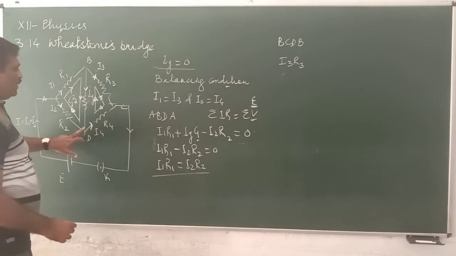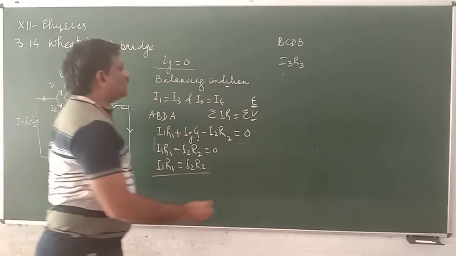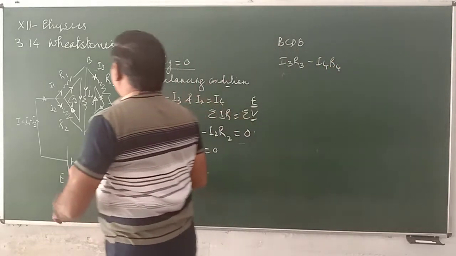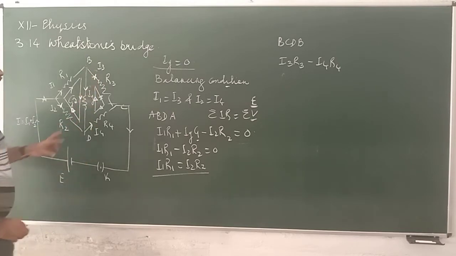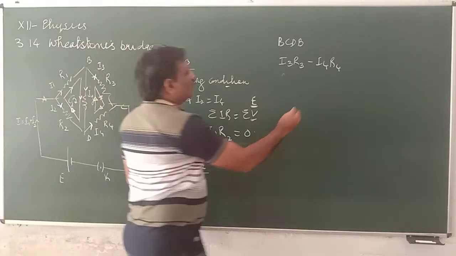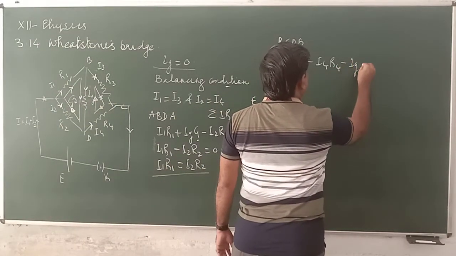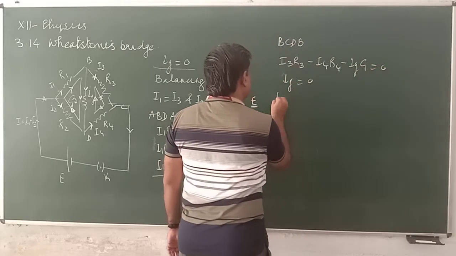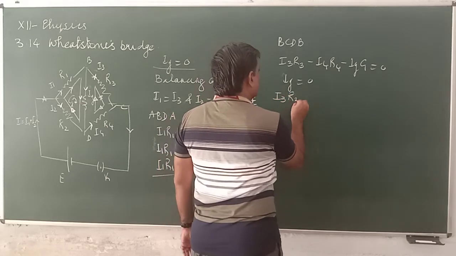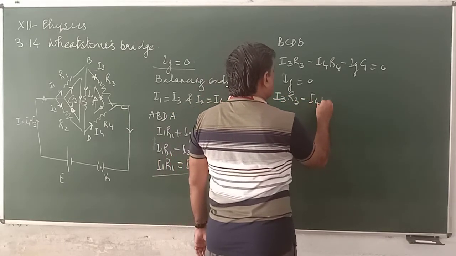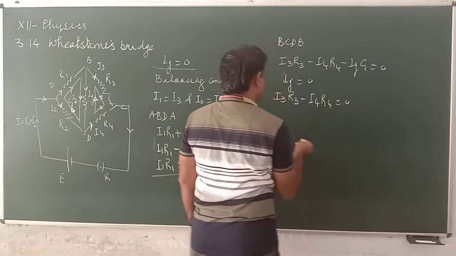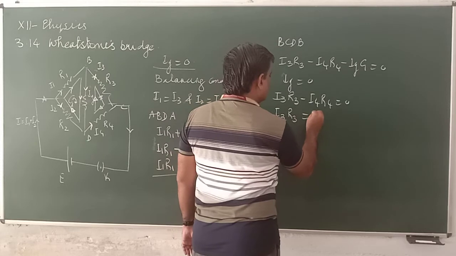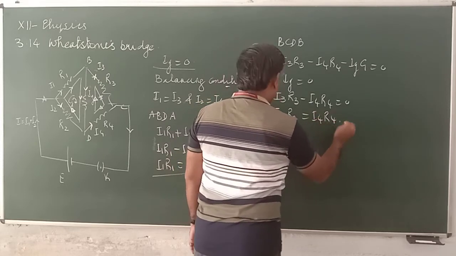Therefore, minus I4 R4. And similarly, minus Ig G, which is equal to 0. Ig is equal to 0, so I3 R3 minus I4 R4 is 0. Therefore I3 R3 is equal to I4 R4.